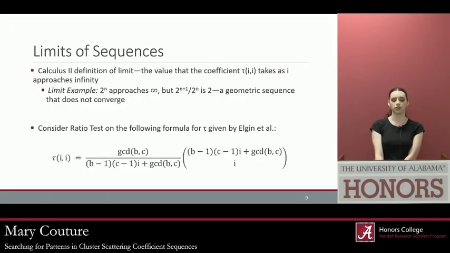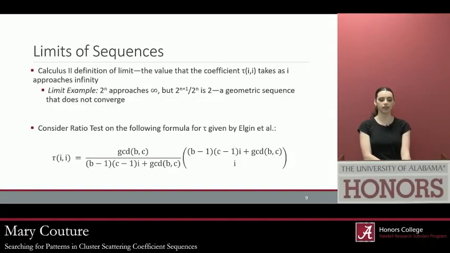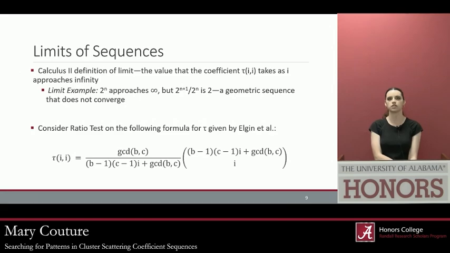We begin with the limits of sequences. As a brief review, if you don't remember your calculus 2 at the moment, a limit is the value that a sequence takes as its index approaches infinity. In this case, we refer to the coefficient as tau, and we look at the implementation of tau, so we're looking effectively along the line x equals y here.